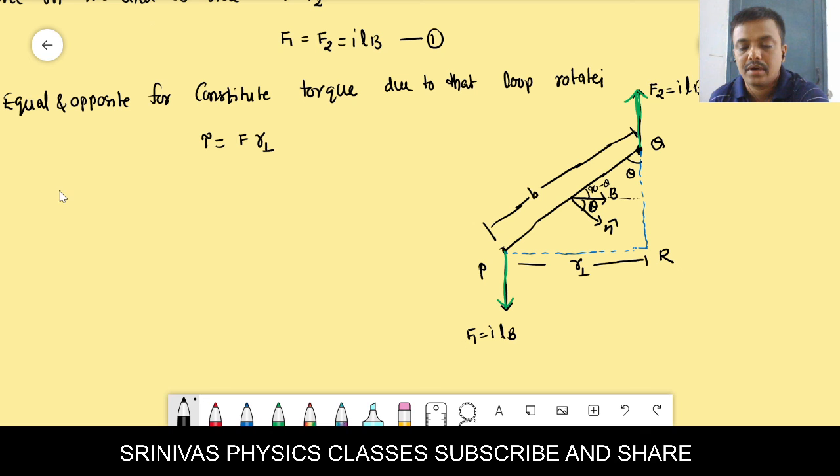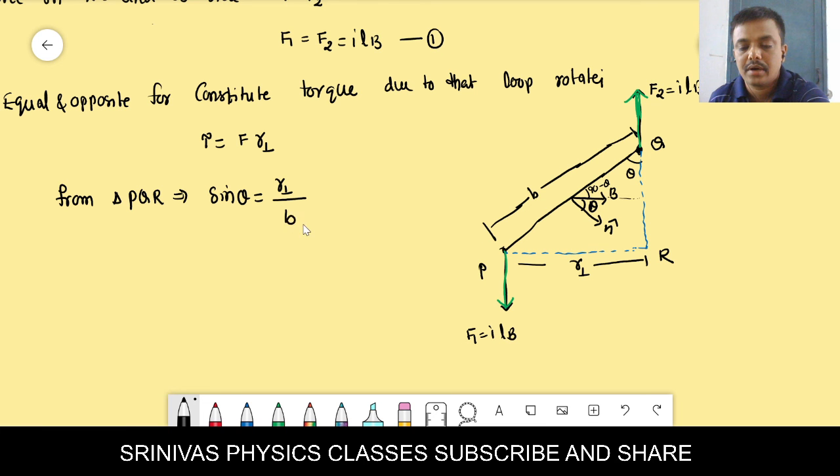From the triangle PQR, what do we write? Sin theta is equal to, I want the perpendicular distance. Sin theta equals what? Opposite side R perpendicular by hypotenuse we should write. What is the hypotenuse from the figure?